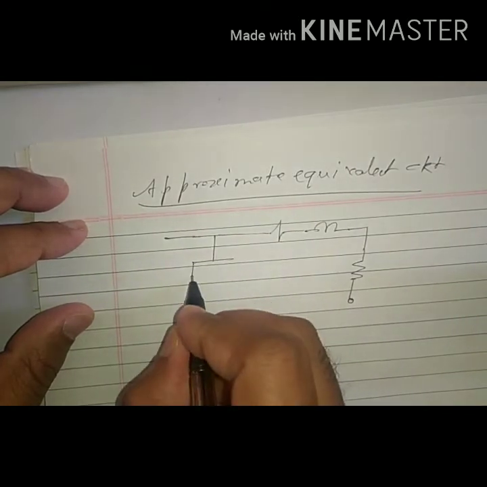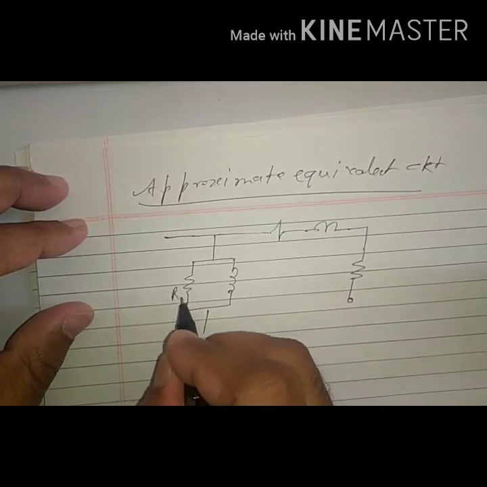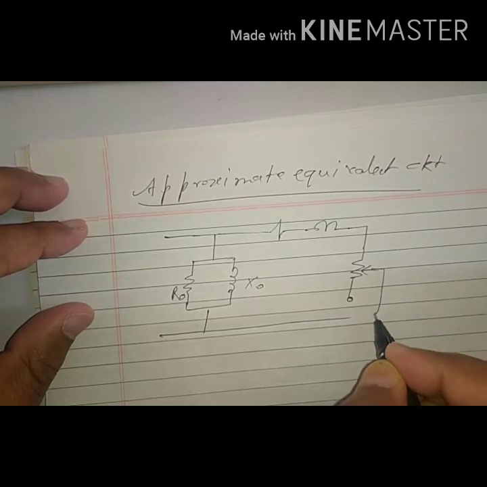We have this as the exciting branch, R0, X0, and this is the variable load.